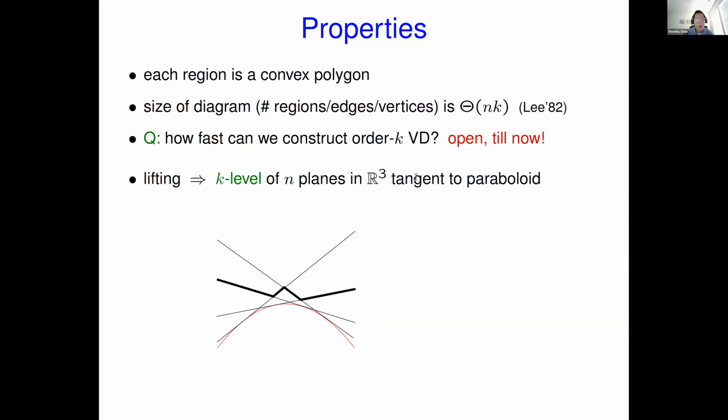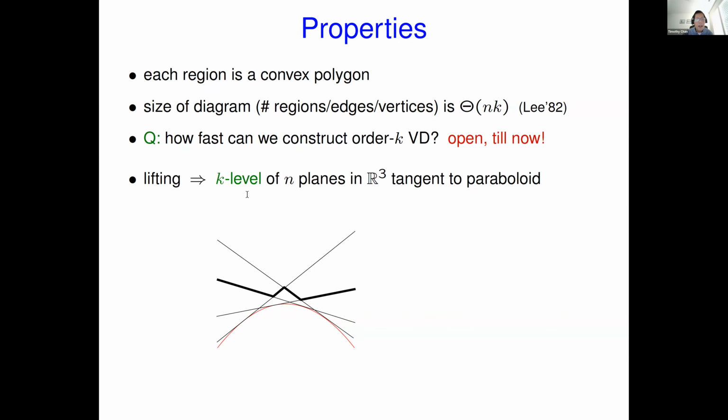For those who are familiar with the concept of k-levels, let me mention that the order k Voronoi diagram is equivalent to the k-level in an arrangement of n planes in 3D, where all the planes are tangent to a paraboloid. And this is because of a standard lifting transformation.